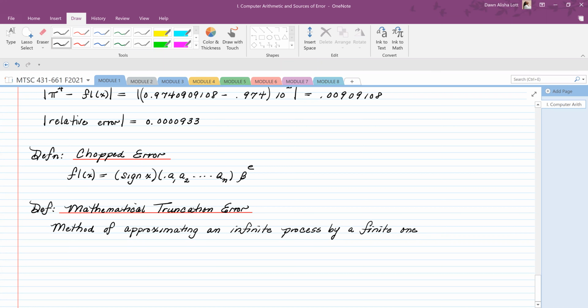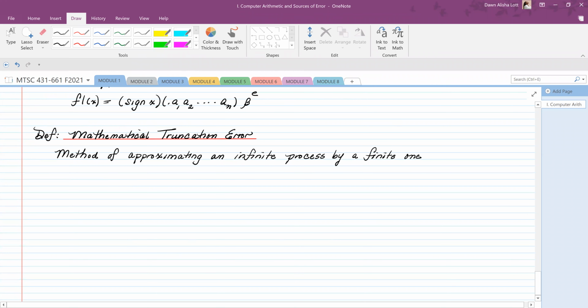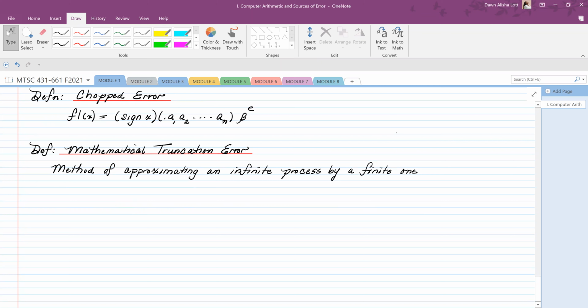And we're all familiar with this. One example is the Taylor series.